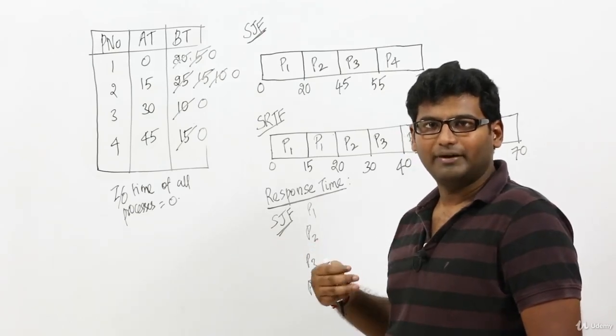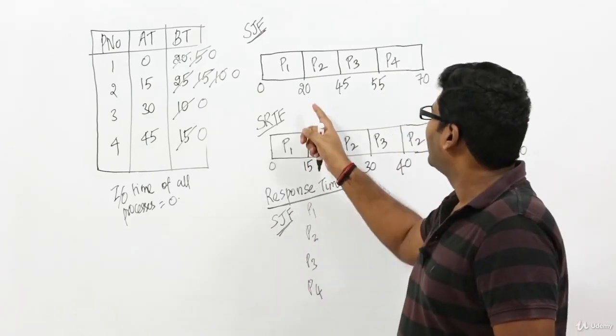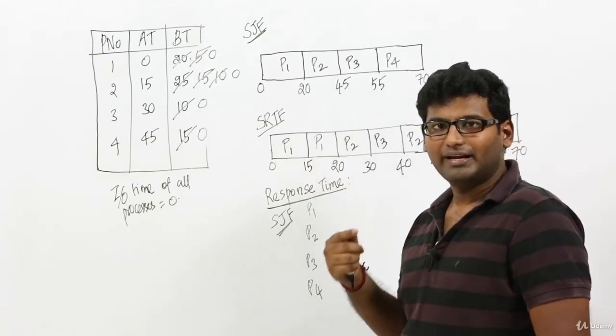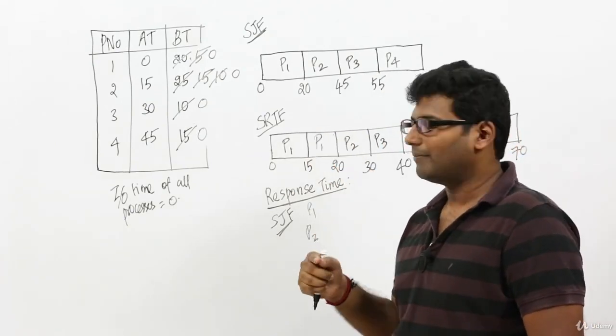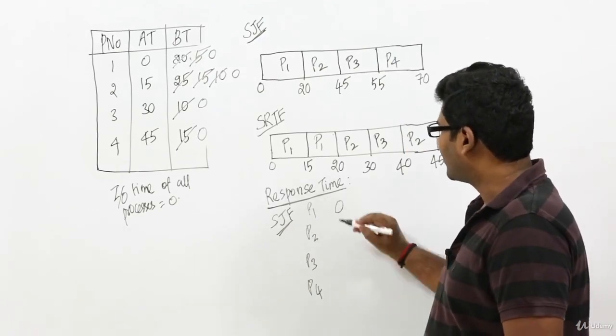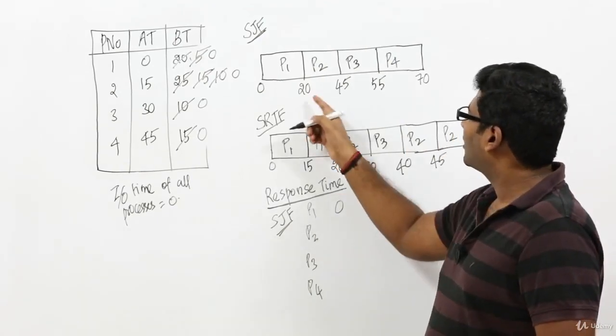Once it came to the RAM, it straight away got the CPU. So its initial waiting time is just 0 time units, so the response time is 0. Now what about P2?